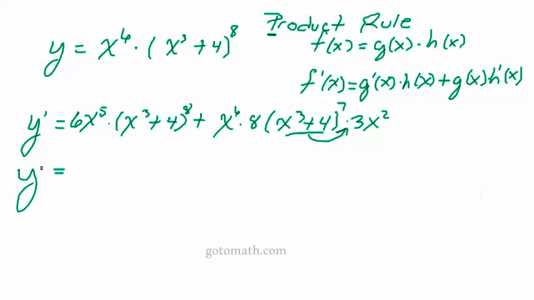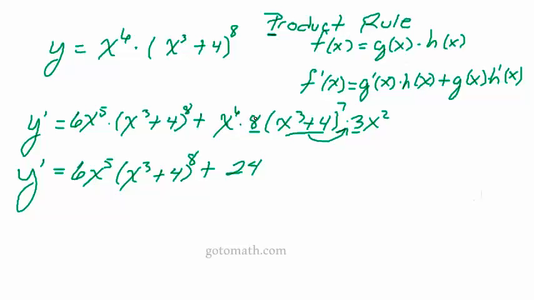Then what we'll want to do is clean this thing up. So we have 6x to the fifth, x cubed plus 4 to the 8th power plus, now we have an 8 times 3. Okay, let's bring that out front. That's going to be 24.